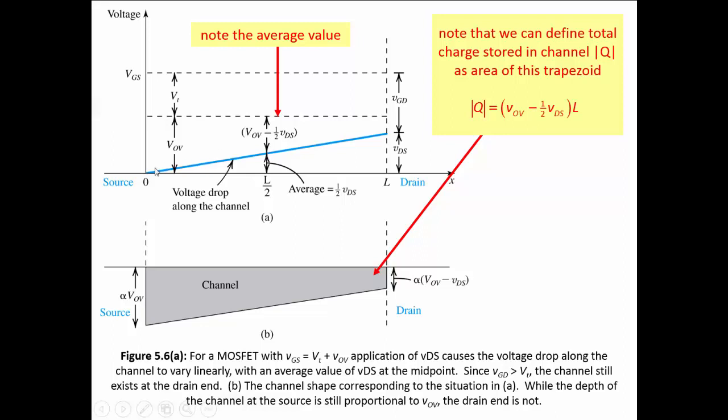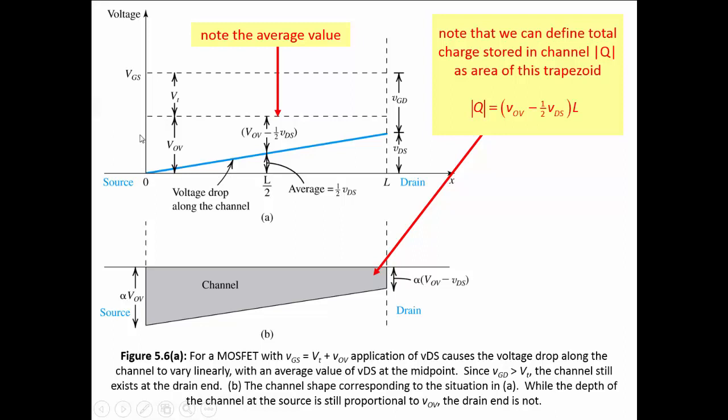Because this is a straight line, and ultimately we're going to calculate the total charge in the channel, we can actually just calculate the average overdrive voltage and use that to calculate the charge, and that's what's done here. So here is the channel. The channel depth is going to be proportional to this area right here, this trapezoid.